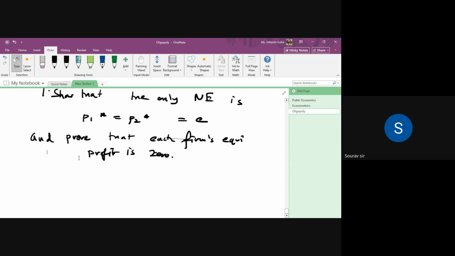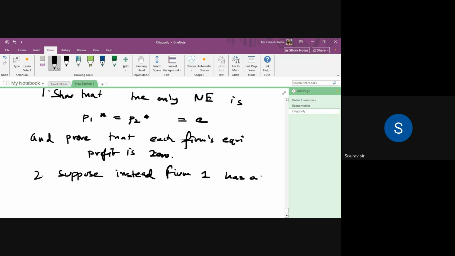And this is one question. Another question you can also do for this. Suppose instead firm 1 has a cost advantage, that is C1 is less than C2. So we can derive the Bertrand equilibrium.